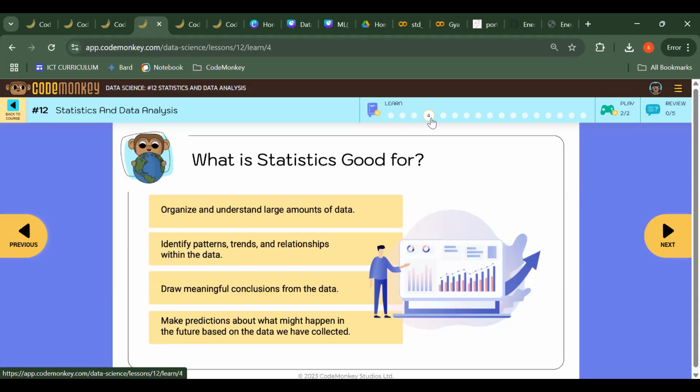Second, identify the patterns, trends, and relationships within the data. Let's say you write down what the weather is like every day. You are keeping a weather record. After one month, you see the most rainy days happen on Tuesday or Sunday.